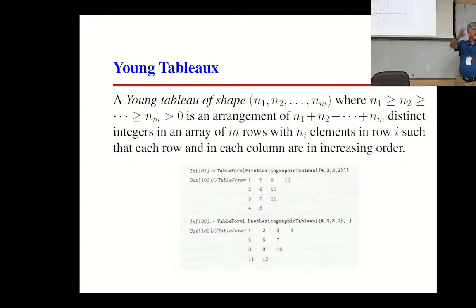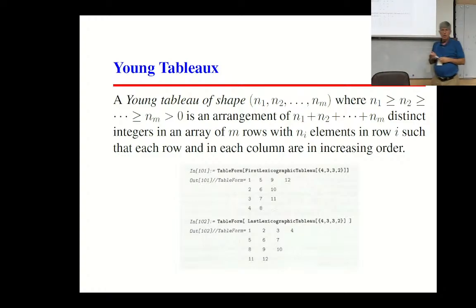We're partitioning the numbers from 1 to n, where n is the sum of the parts, according to the shape of this thing, with one other interesting characteristic: every row and every column has to be sorted. Okay? So if you look at this thing, notice that every row and every column is sorted.